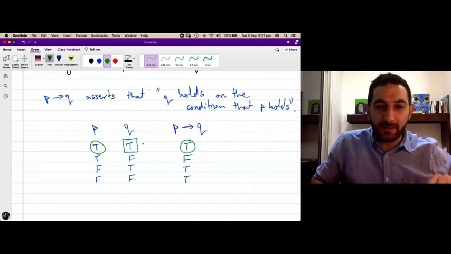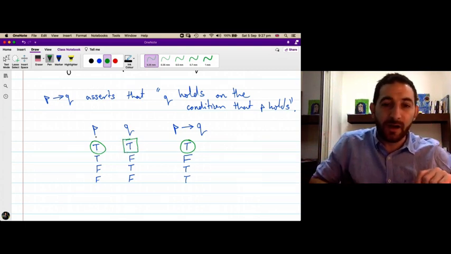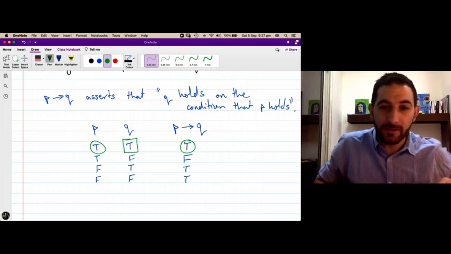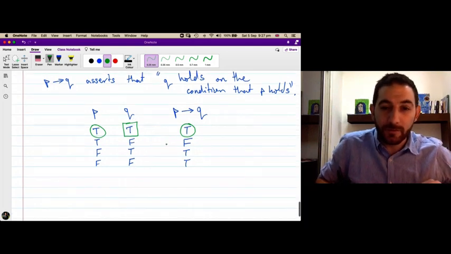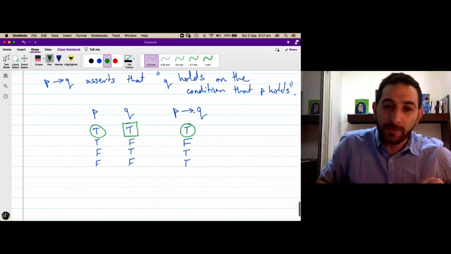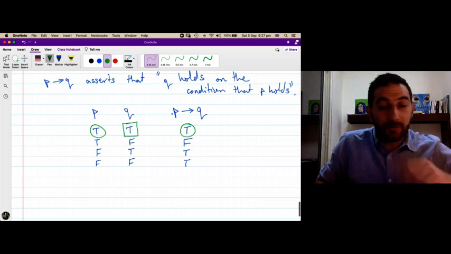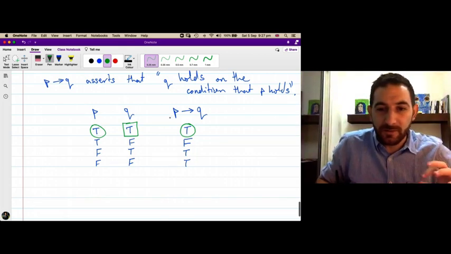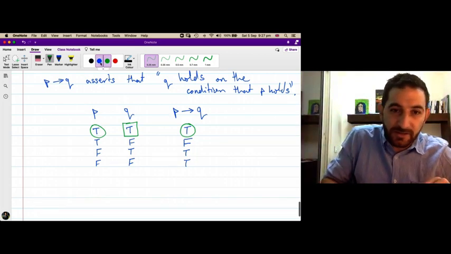So what I am saying is that if you know that the hypothesis is true and the conditional statement is true, then the conclusion must be true. Now, if you know that the conditional statement is true, but the hypothesis is false, then the conclusion can be true or false. It doesn't matter. Look, I'm talking about these two cases.